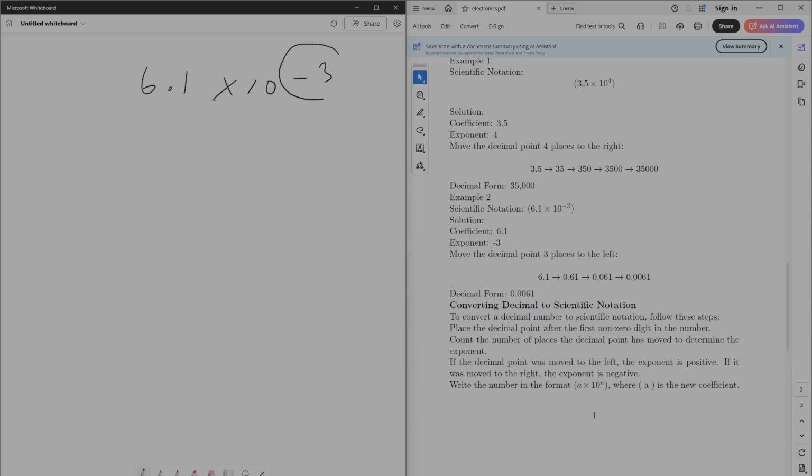So the exponent is negative 3. It's negative, so we move to the left. 1, 2, 3, with zeros filling in. So the answer is going to be 0.0061.